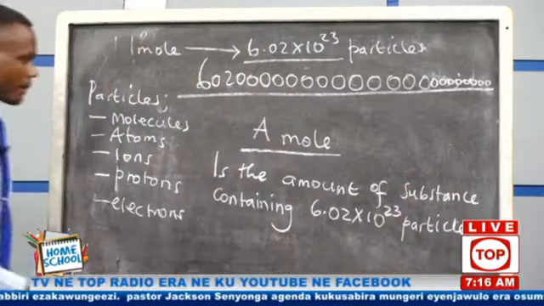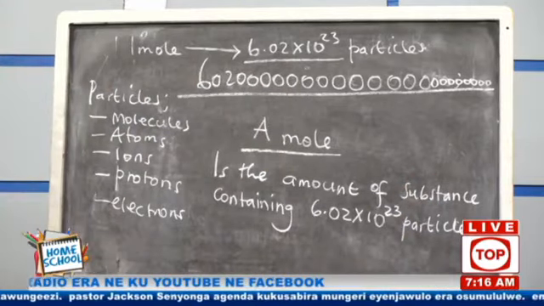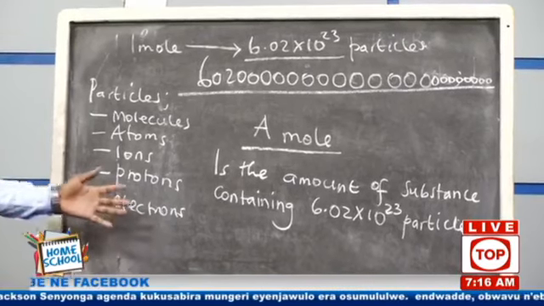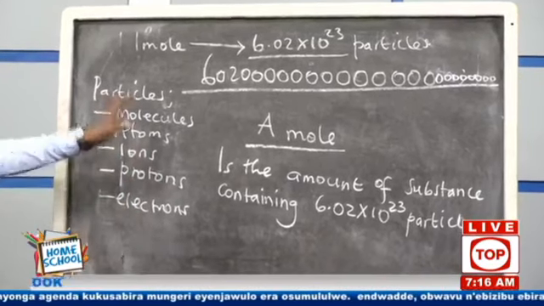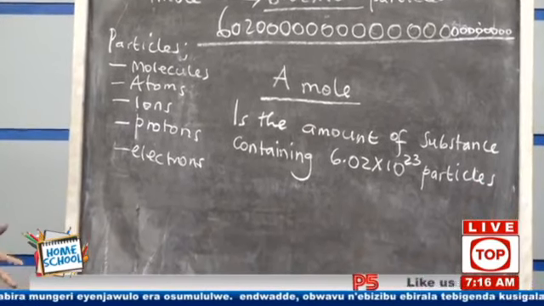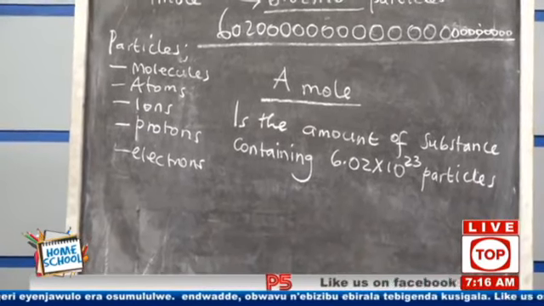Isn't it what we have been looking at? We have been looking at exactly that one. So we have developed our definition from what we have been looking at. So you cannot forget a definition for a mole if you have been following very well.